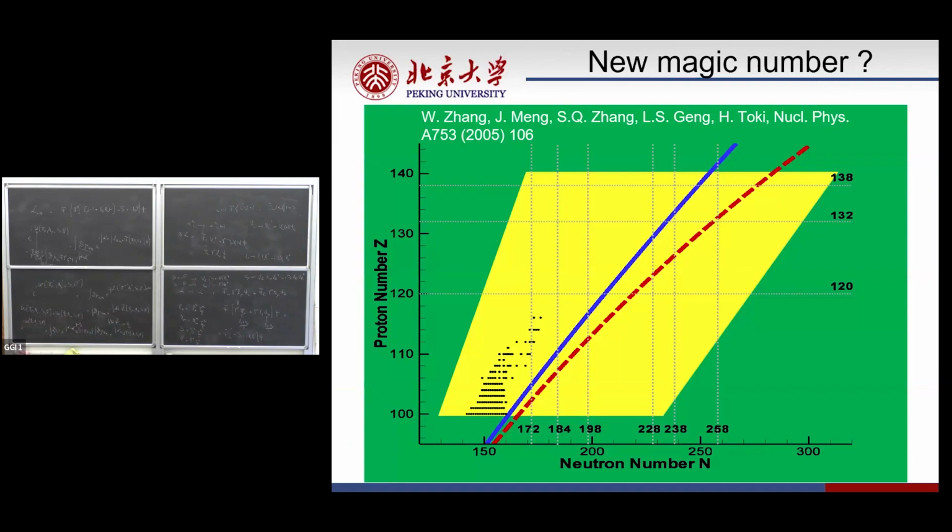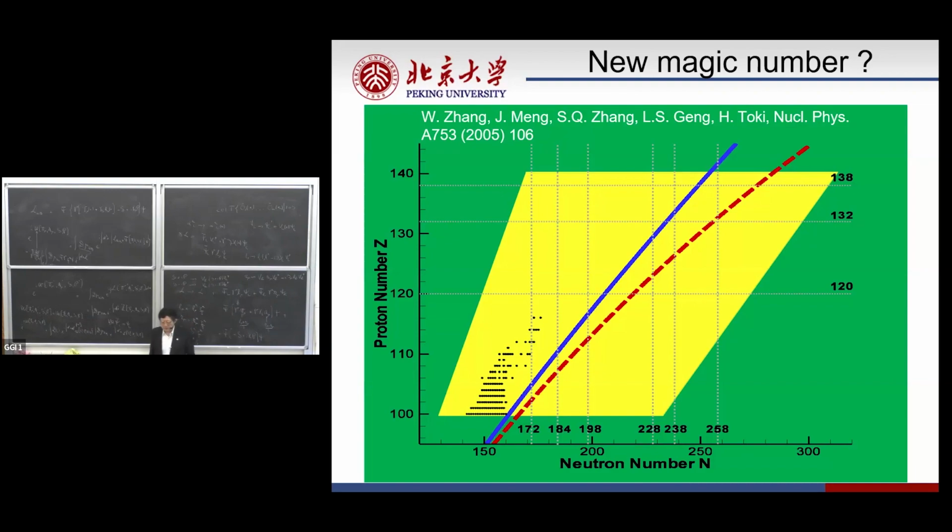So we have performed a huge calculation, from 100 to 140 for the atomic number and also the neutron number, to see where the magic number is. And finally, you will see we found that 120 and this number could be the possible magic number. And this is also the stability line, but this is the available experimental data.